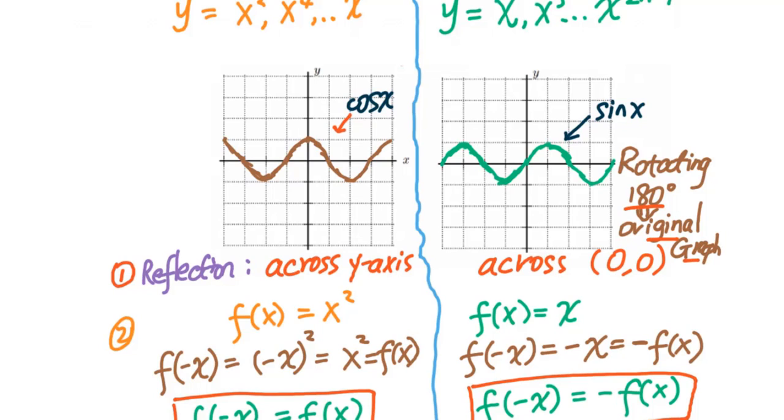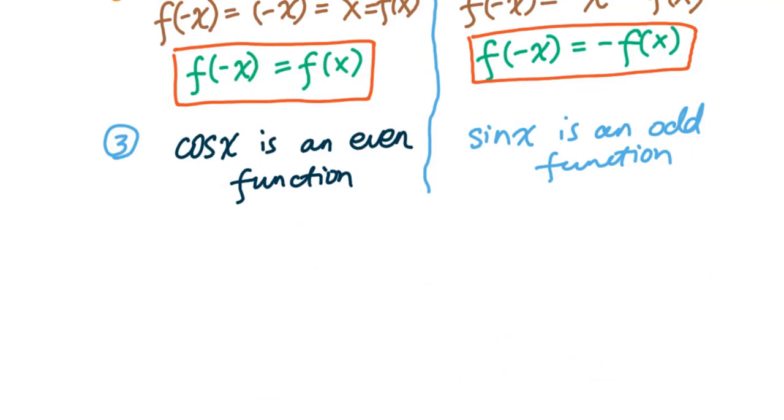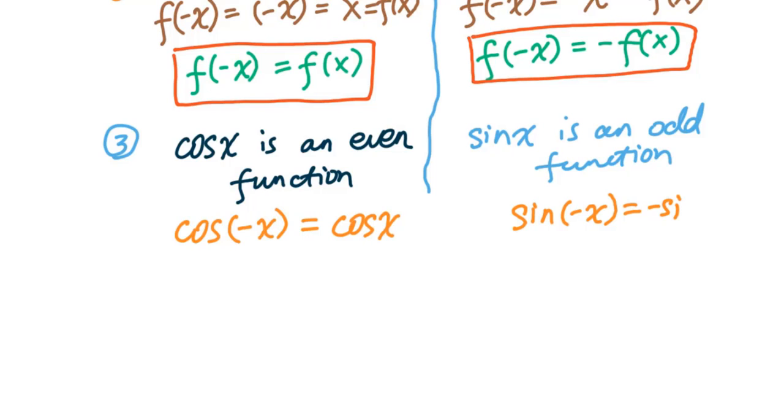For sine x, if we rotate the graph of sine x 180 degrees, we will get the original graph of sine x. Therefore, sine x is an odd function. So for cosine x, we have the property cosine of negative x equals cosine x, while for sine, sine of negative x equals negative sine x.